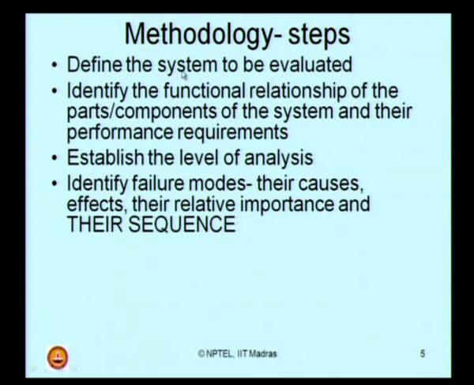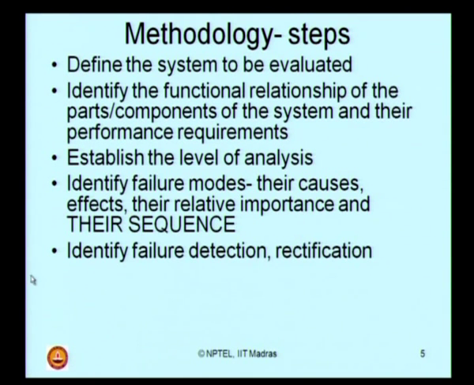So for a defined system, let us say I am able to identify at least one failure mode, then for the identified failure mode I am able to locate the cause, why this failure mode is happening, the effect, if the failure mode occurs what will be the effect on the overall performance of the system, and then their relative importance in the overall system, that is what we say consequence. Then identify failure detection.